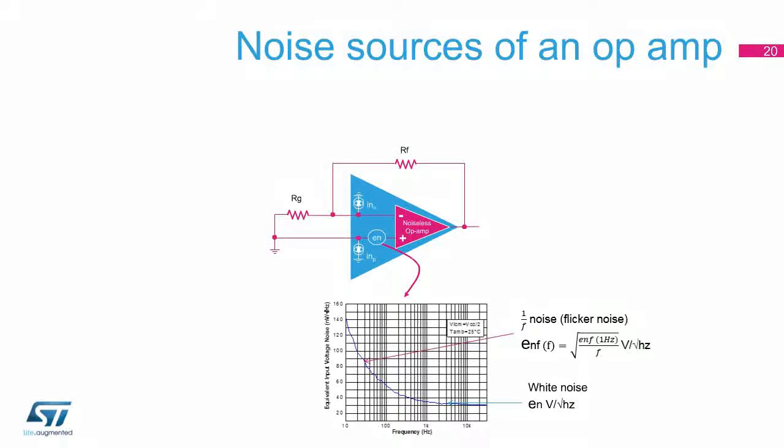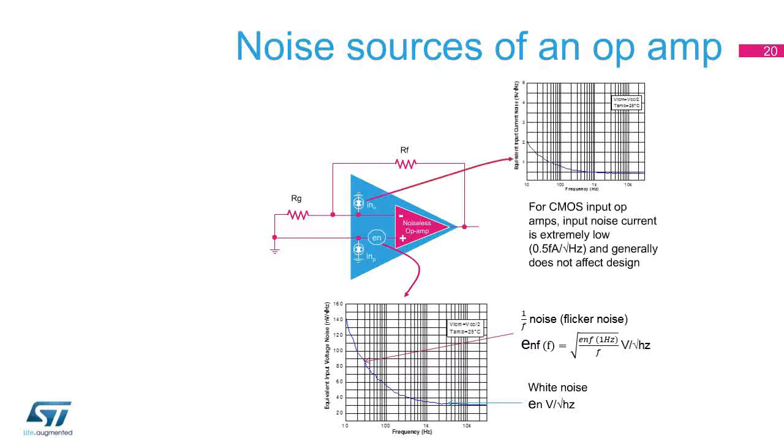The current noise source also adds its contribution to the overall noise, especially if the op-amp is surrounded by high impedances. But the input noise current for CMOS input op-amps is extremely small and generally does not affect the design, as it is roughly 5 femtoamps per square root hertz.